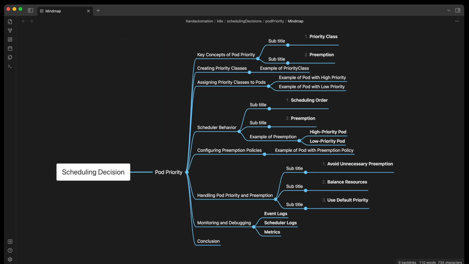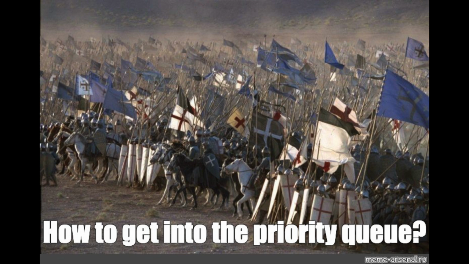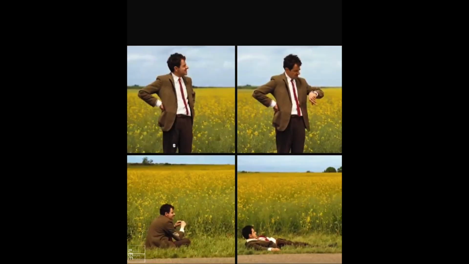So talking about key concepts, a priority class is a resource used to define a priority level. You create priority classes and then you assign them to the pod. So if the pod has a higher priority, it will get scheduled first. And if the resources are scarce, lower priority pods get a lesser chance compared to the higher priority ones.